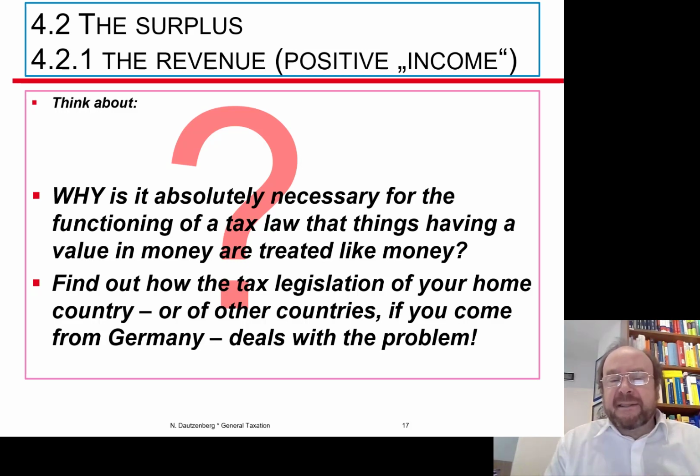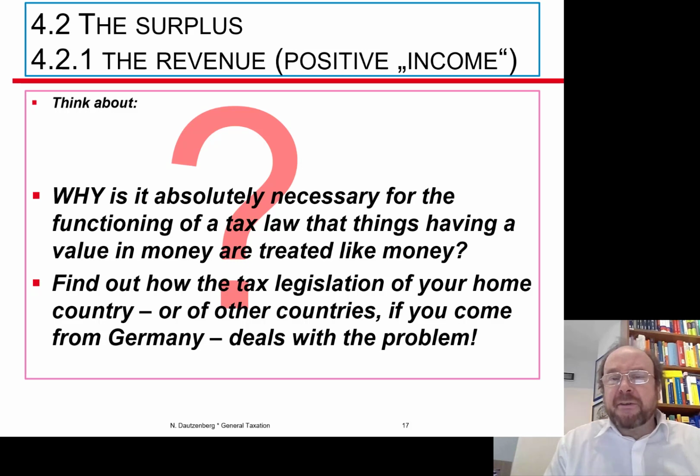And the answer is, what would happen if you only tax cash or bank transfers? Then the people would turn to barter trade. I want to sell you my house, but I can't use any money. Can't you give me some cars for free in return? Well, so you would exchange things against things.